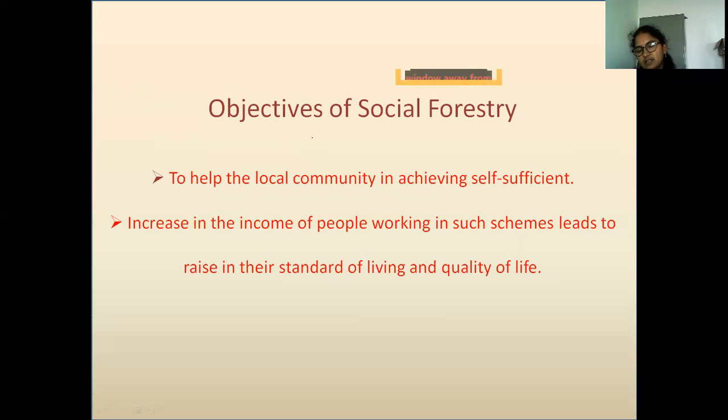So these trees help to reduce soil erosion. Trees help to control soil erosion, and there are also plants that help in soil reclamation.